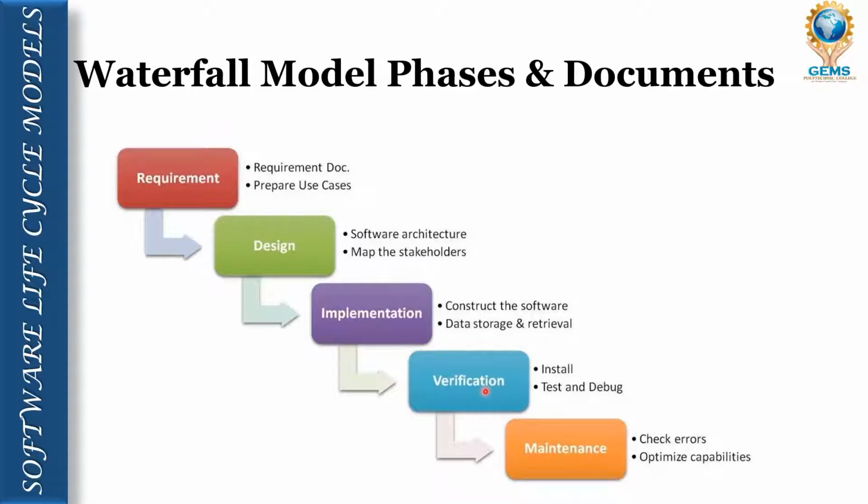For that also we have to keep one document as a report. Then maintenance, this talks about the optimization capability or any error which is found at the customer end. So these are the flow of the waterfall model with the documents.